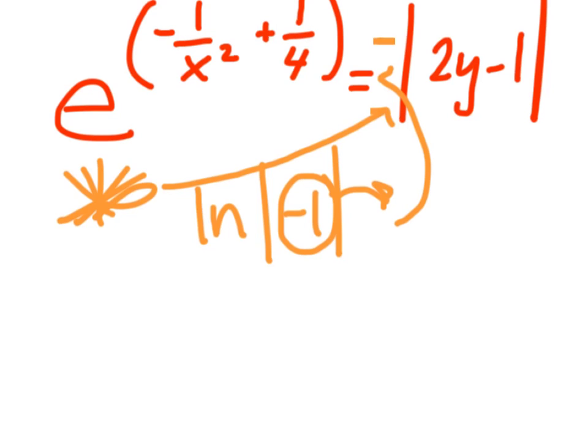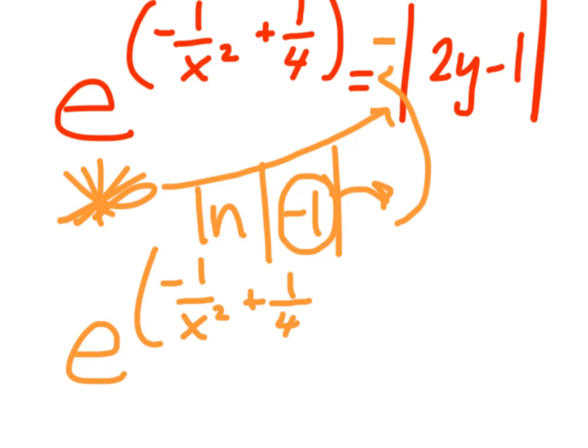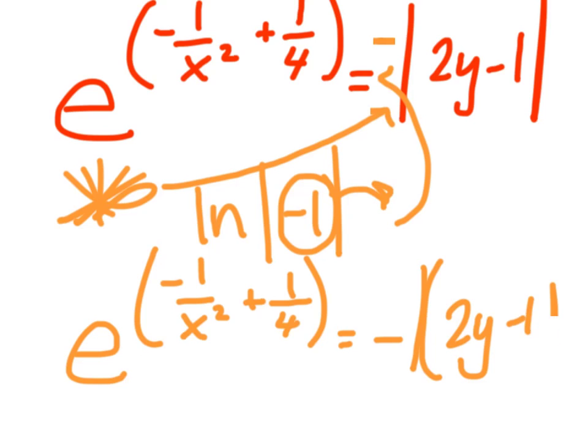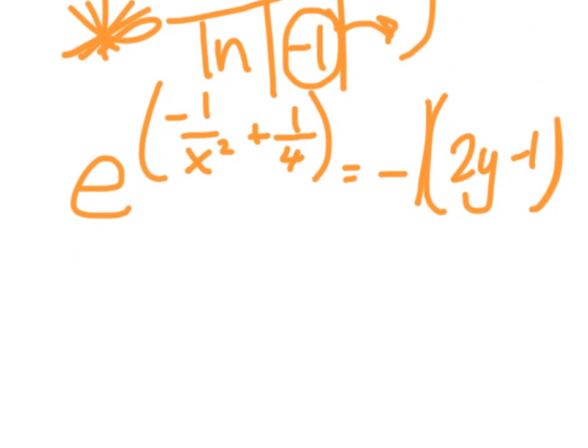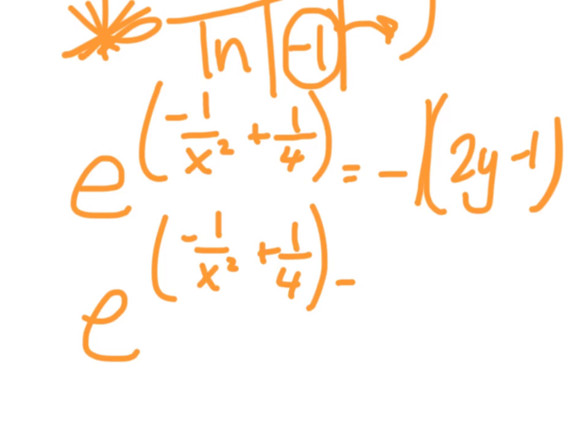Okay, so I'm going to say I have e to the negative 1 over x squared plus 1/4 equals negative times the quantity 2y minus 1. So if I keep solving, e to the negative 1 over x squared plus 1/4 equals negative 2y plus 1.